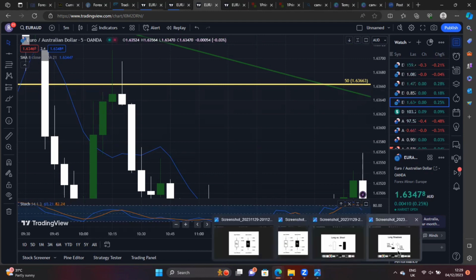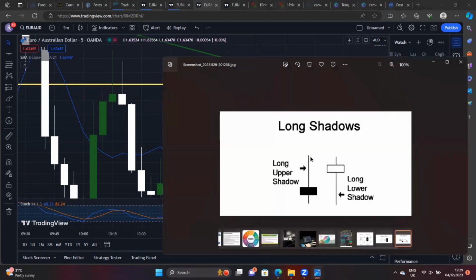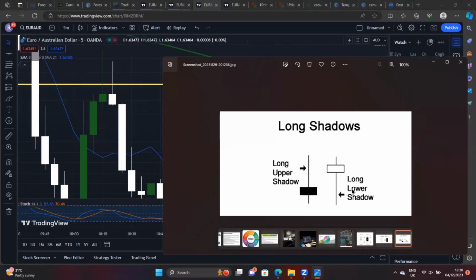I'm making emphasis on this because I don't want you to forget about it. So this is how a wick is created, and this is a long upper shadow. You can also call it a wick. You can call it a tail, and this is a long lower shadow. If a candlestick has a long upper shadow and short lower shadow, this means that buyers flexed their muscles and bid price higher.